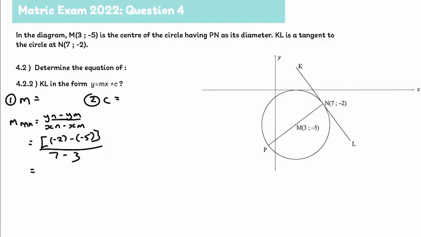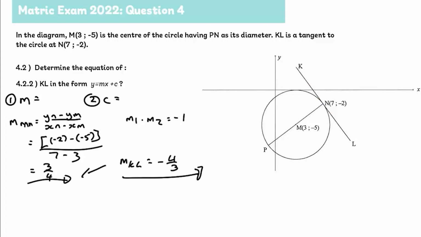Punch it into your calculator, you'll get 3 over 4. But now that's the gradient of MN. So if we want the gradient of KL, we must remember that m1 is the gradient of KL and m2 is the gradient of MN, and that m1 times m2 will equal minus 1. Therefore, the gradient of KL is equal to minus 4 over 3. So basically, it's the negative inverse of that.